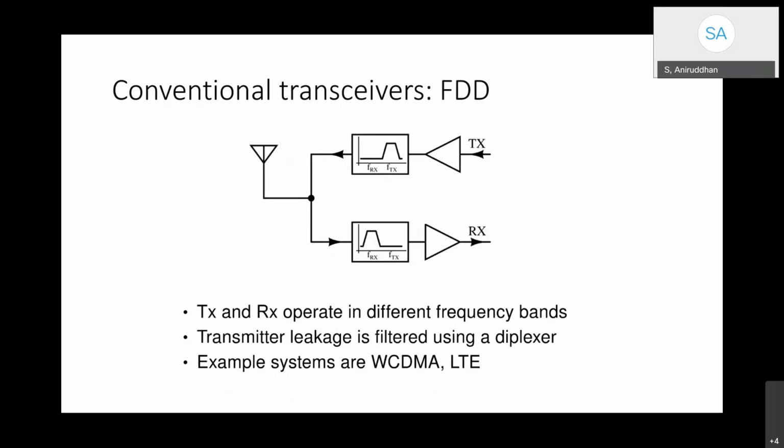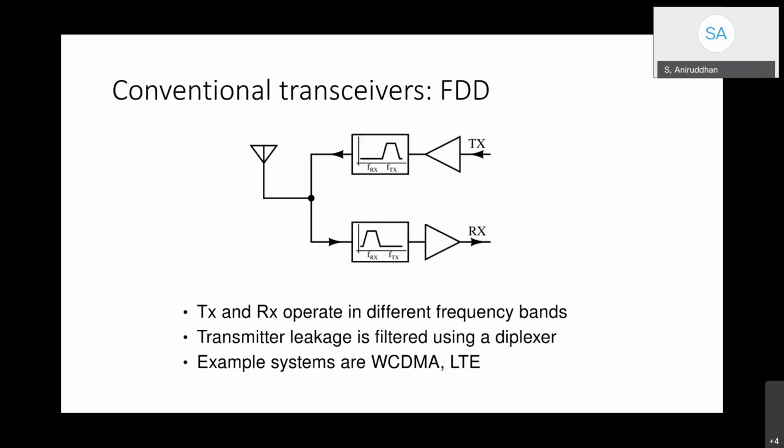The other type of transceiver architecture that is popular is FDD, or frequency division duplex, where both RX and TX can operate at exactly the same time, but they use different frequency bands so that they don't interfere with each other too much. But that means that you need a block here that does appropriate filtering to remove the unwanted signal.